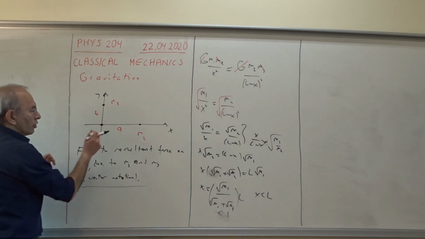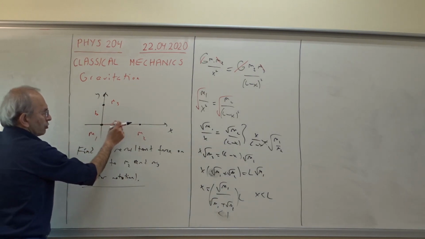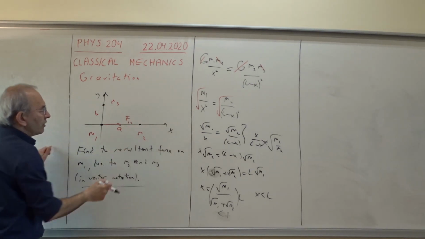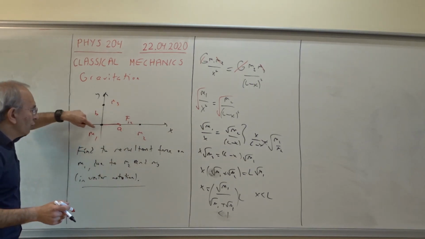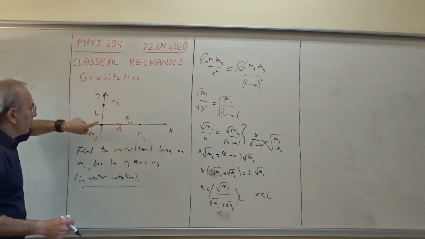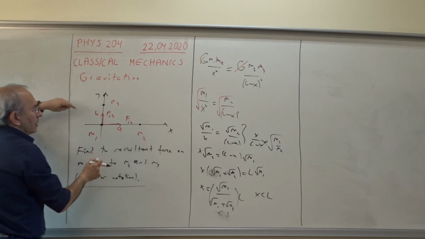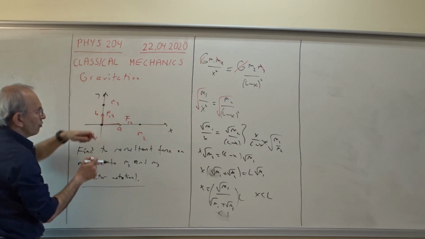So there is a force due to m2, a force to the right, let me call it F12. It is not F twelve, it is F12, the force on 1 due to 2. Next one is this force, let me call it F13, the force on 1 due to 3.